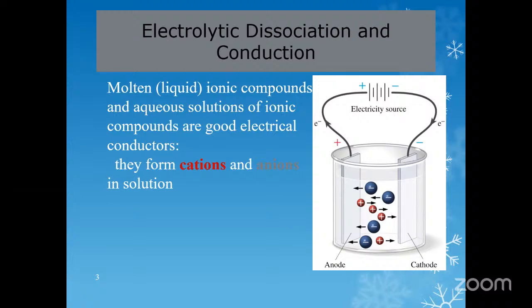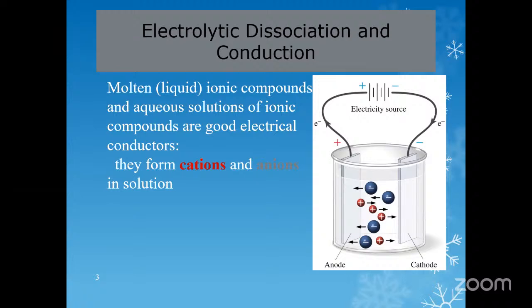In either case, when you heat your ionic compound to a liquid state, or you dissolve the solid ionic compound in water, you end up with free floating ions in either the solution or the molten compound. Whenever you have free floating charges, not only ions but electrons and so on, there exists a possibility of that substance being able to conduct electricity.